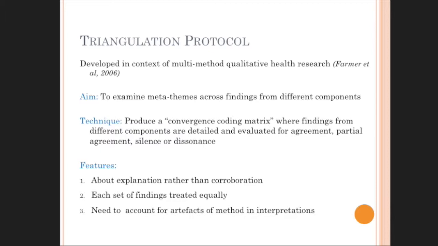So basically you're testing each one of the themes against this idea of, is it in the qualitative data, is it in the quantitative data, and if so, how do they interrelate? Do they look the same? Are they saying different things, and what does that mean? So again, it's about trying to treat each set of findings equally and looking at how method affects the interpretations you can produce.